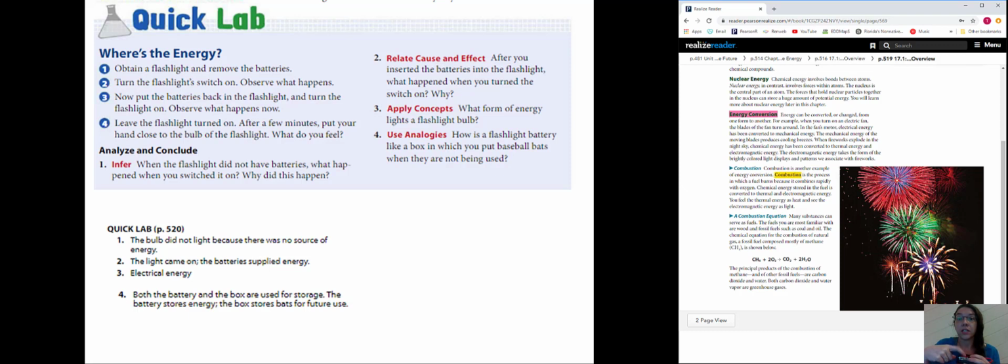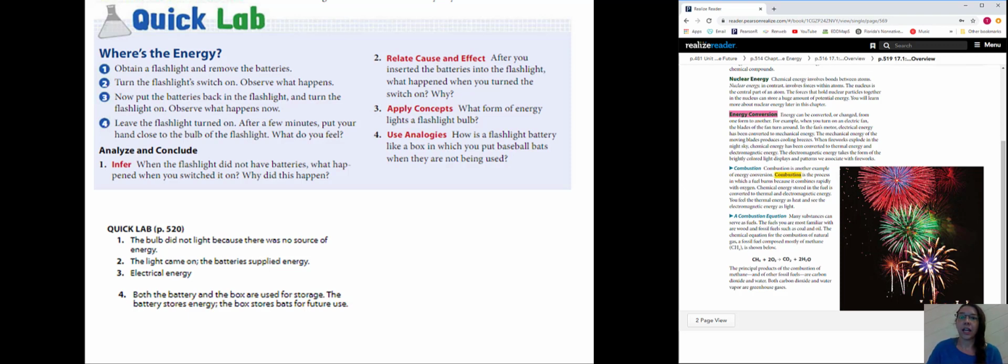Right now it's potential energy because it's not being used, and it is storing energy that can be released whenever I turn on the flashlight. It will release that stored energy in the form of electrical energy.